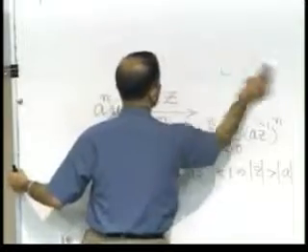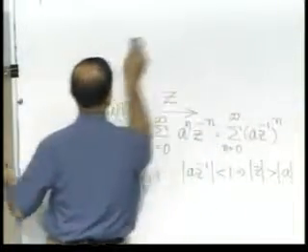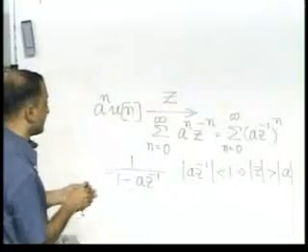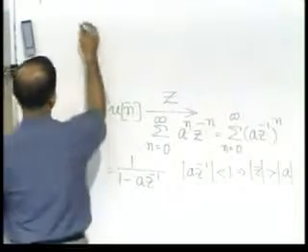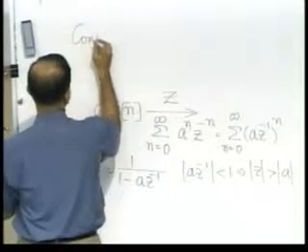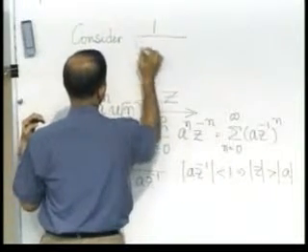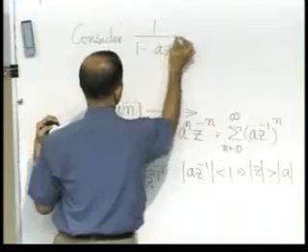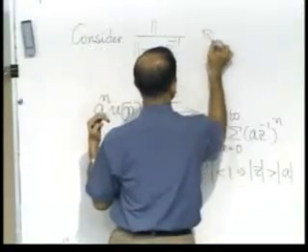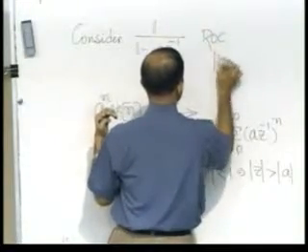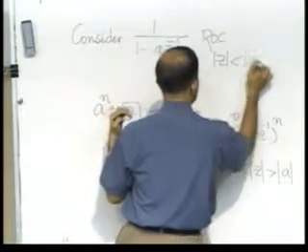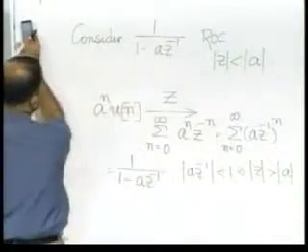In fact, for variety we shall follow a different approach to inverting the Z transform. Let's consider 1 by 1 minus a z inverse, but with a region of convergence mod z strictly less than mod a, and let us investigate what the inverse Z transform is.